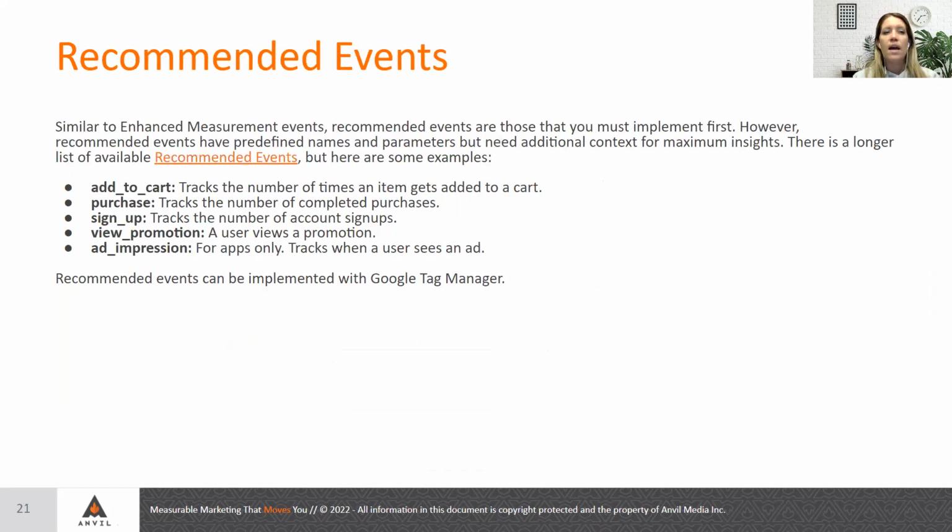We also have recommended events. So these are somewhat similar to enhanced measurement events in that they require you to implement them first in order to start getting data. But with recommended events, these come with predefined names, and there are required parameters that Google needs, which parameters just provide additional information, additional context to Google and to the Google Analytics 4 property.